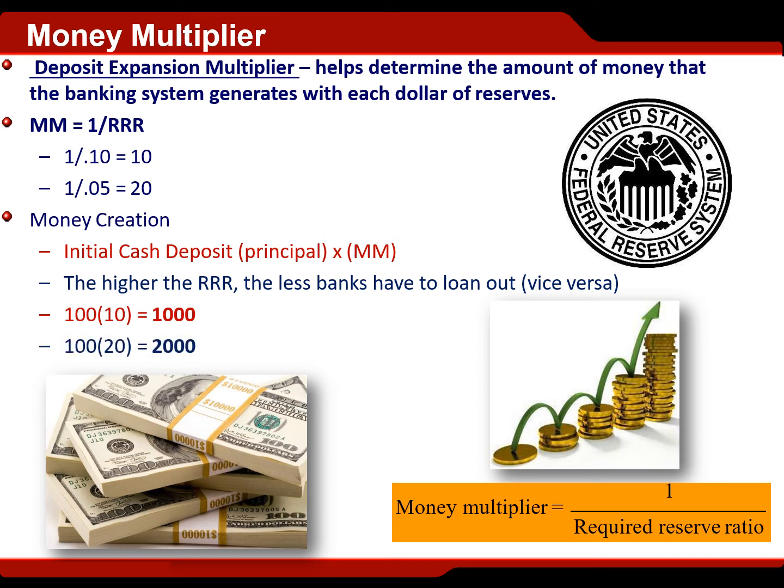If we had a lower reserve requirement, like 5%, let's say 100 times 1 divided by 0.05, which is 20, so 100 times 20 is 2,000. That means the bank would be able to lend out $1,900, or at least $1,900 would be due to bank lending activities, plus the initial $100 cash deposit.